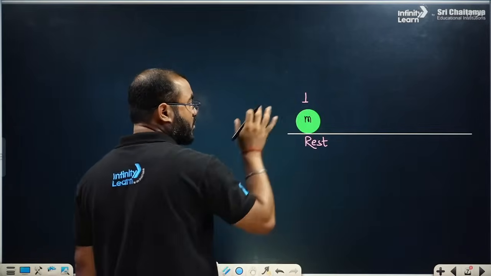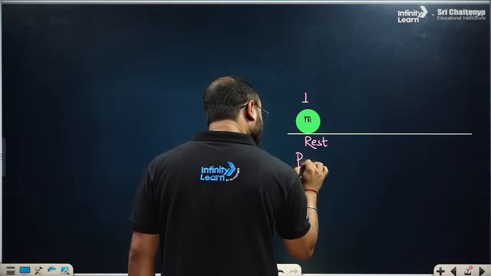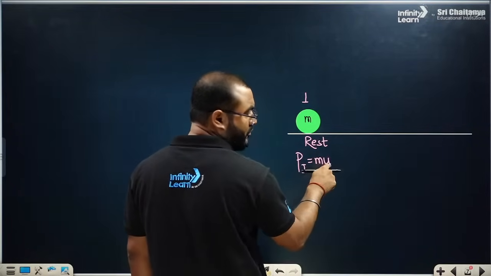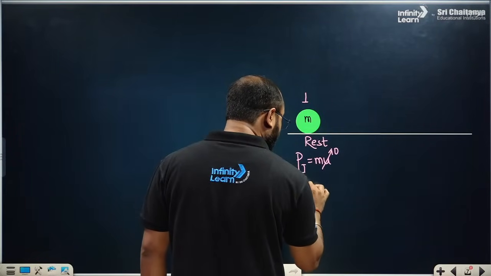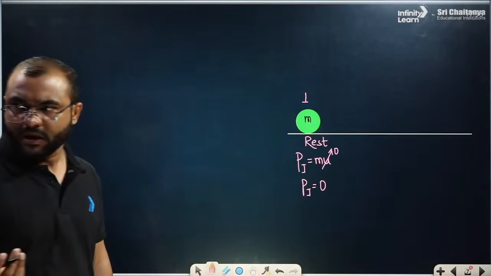If we want to find the momentum of this body, we can say P initial equals mass into initial velocity u. We know the value of u is 0. That means the initial momentum is equal to 0. Simple value. Getting my point?